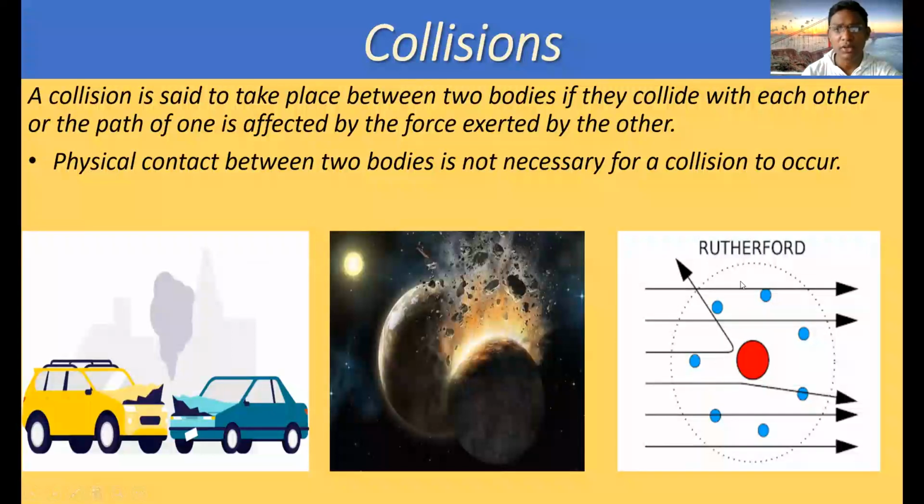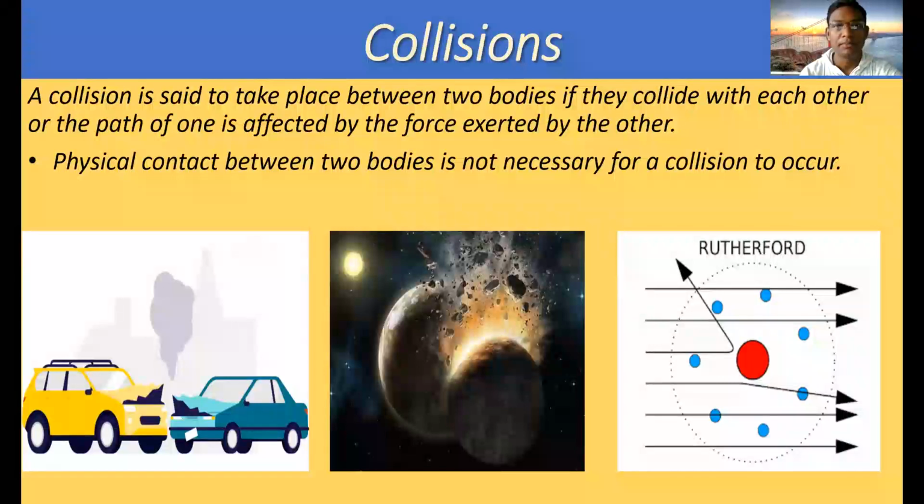So this is also a collision, because the initial path of the alpha particle is affected by another particle, the nucleus. All these three are examples of different collisions. This is the general view of collision. In the next slide we will see the different kinds of collisions.